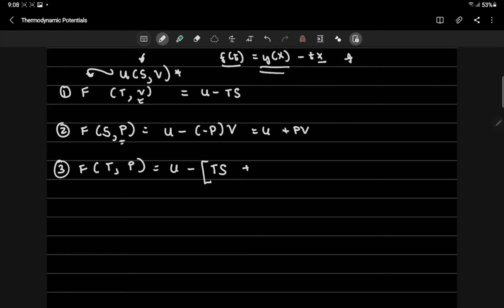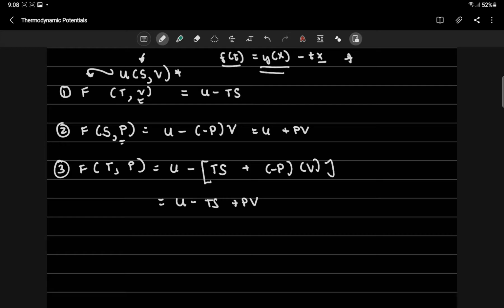Plus, yung next, yung slope is negative P, tapos yung independent variable natin is V. Okay? So, ang lalabas dito, if you're going to simplify, that will become U minus TS plus PV. In other words, from internal energy as a function of entropy and volume, we were able, through Legendre transform, develop 3 additional equations.